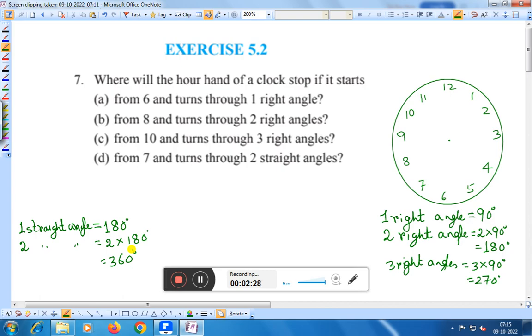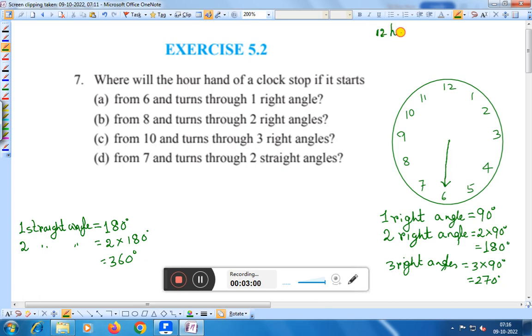Now where will the hour hand of a clock stop if it starts from 6 and turns through one right angle, right? We already found that one complete revolution is 360 degree, and in a clock there are 12 hours. Therefore 12 hours equal to 360 degree.